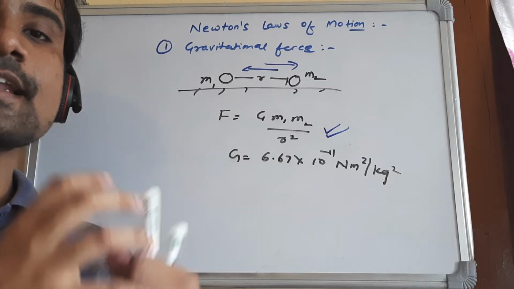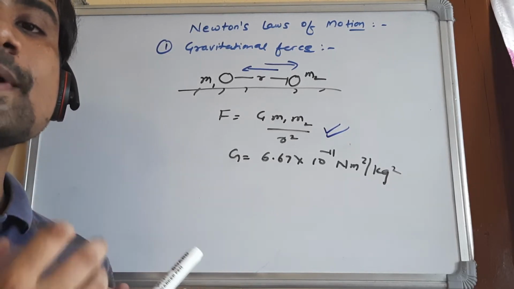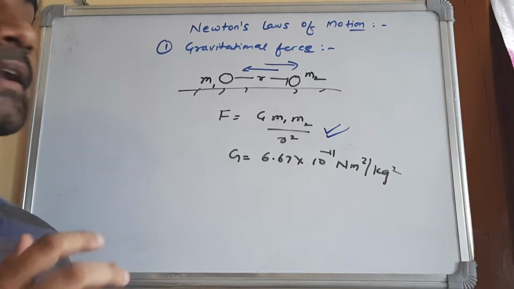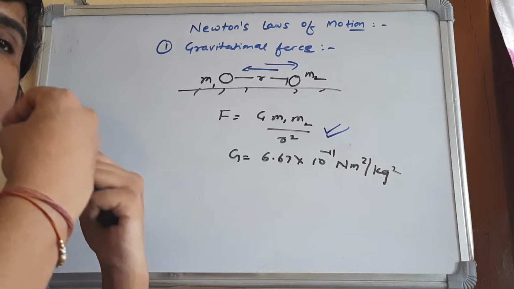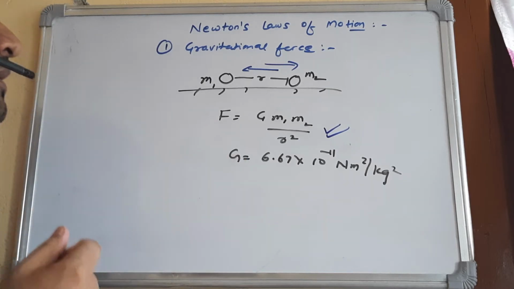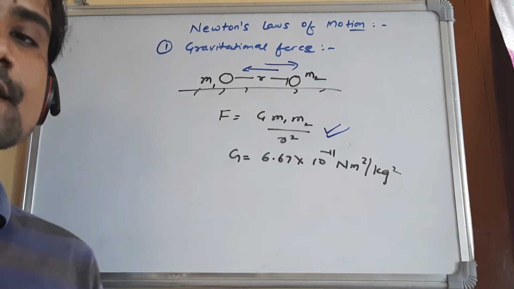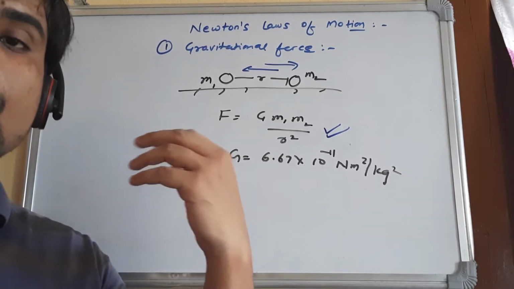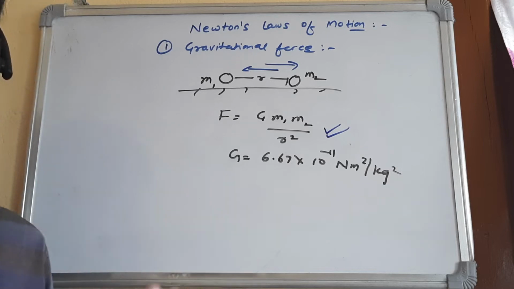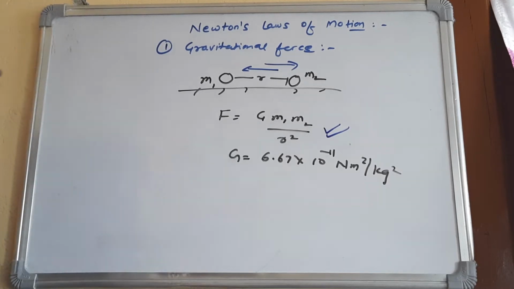Do understand that gravitational force is a force by virtue of mass. So a body which has mass will obviously attract another body which has mass. The force may be so negligible that it is not visible in day-to-day life, but the force which Earth applies on us as gravity, that we can observe in day-to-day life, and that is also a gravitational force.